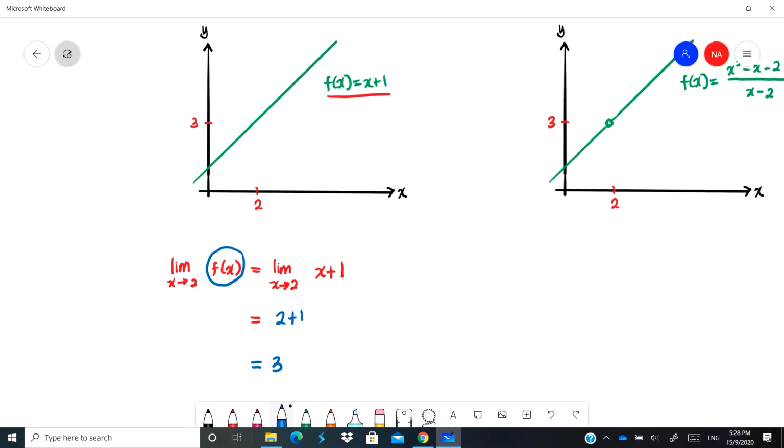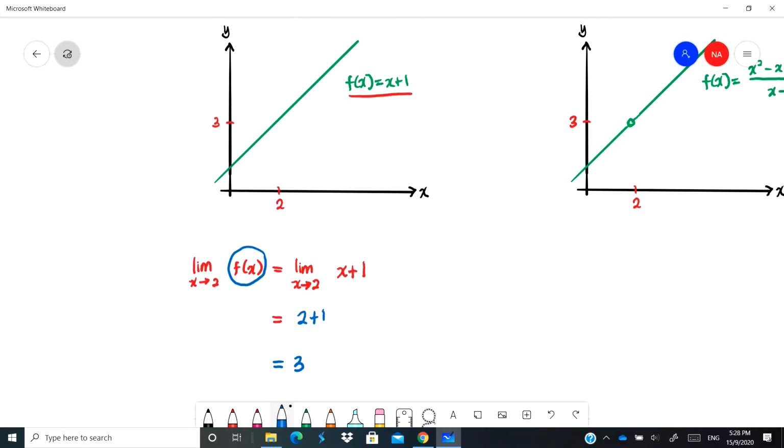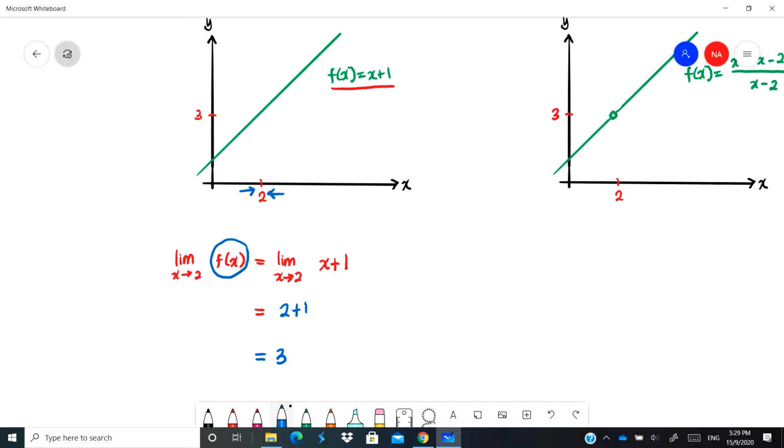So when x is approaching 2, the value of x is approaching 2, it's not at 2, it's different. So f(x) will approach 3.